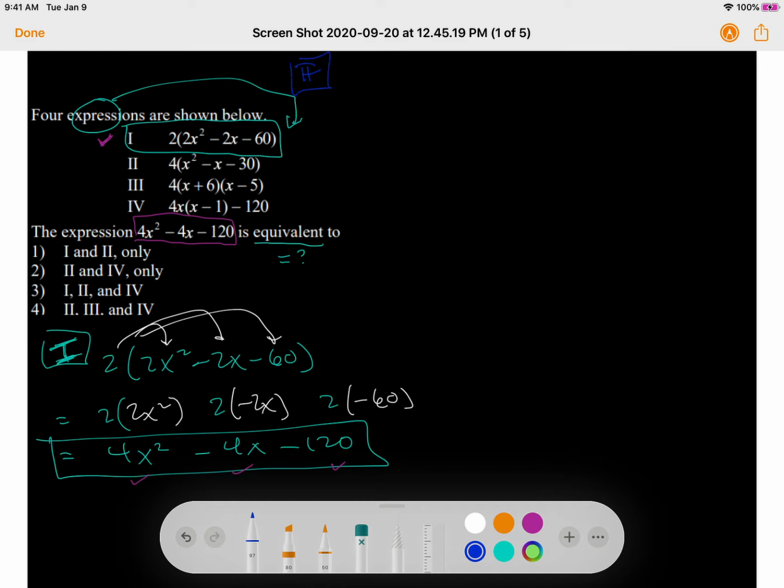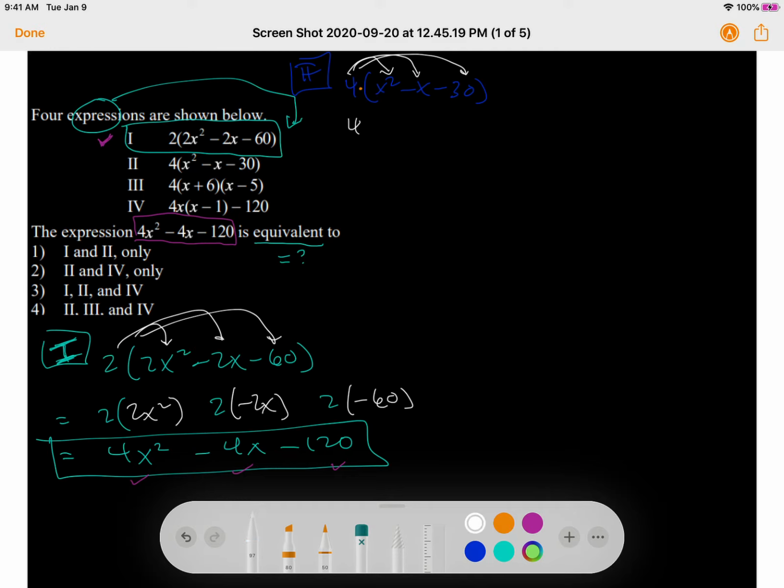Number 2, 4 times (x squared minus x minus 30). Can't get any bigger there. You're going to go ahead and distribute, same thing. Why am I distributing here? Because there is no plus or minus right here. It is just next to each other, so that means multiplication. So let's go ahead and multiply.